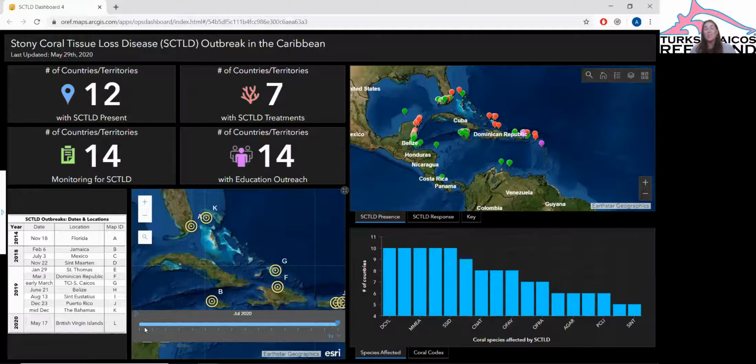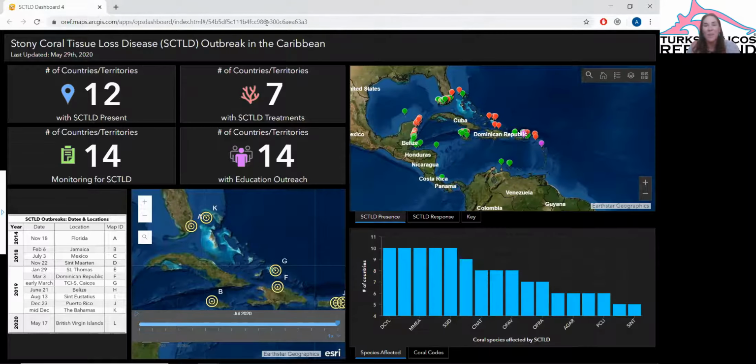So you can see that this really is a regional problem, and the spread of this disease is jumping and going much quicker. From 2014 to 2018, there was very little movement outside of the Florida Reef Tract, and then all of a sudden we're seeing it popping up all over the region, as far south as Belize and the BVIs.